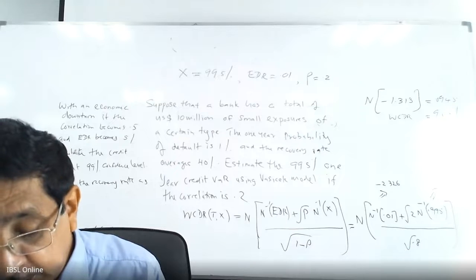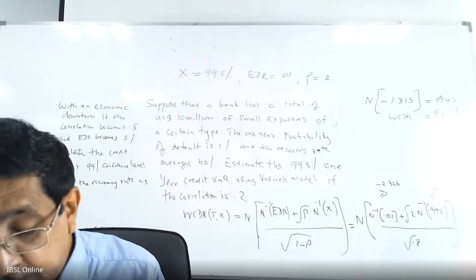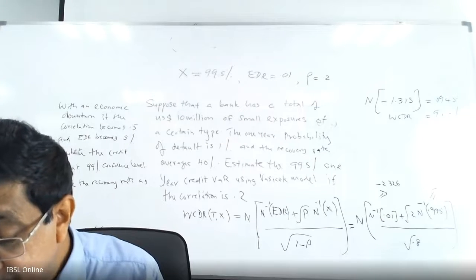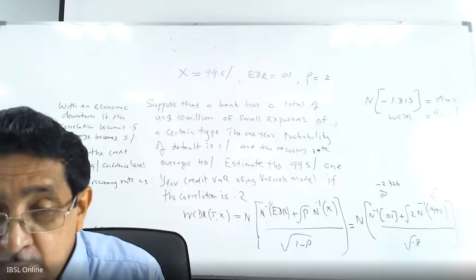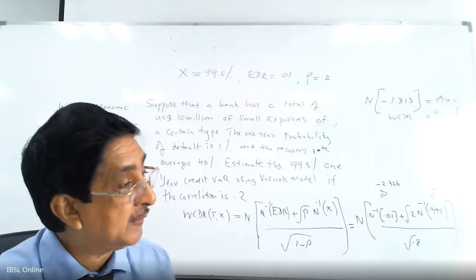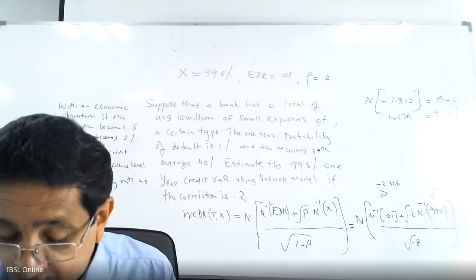If it is 0.48, what is the value you got as the WCDR? Sorry, the WCDR is 0.48. 0.48 means 48%, is it? It might happen that way.